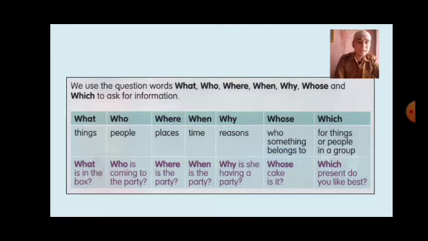And then the question when. When is the party? It is asking about time: tomorrow, on Saturday, the day after tomorrow, or at 3 o'clock to 5 o'clock. Okay, it is asking about time. And next, why.